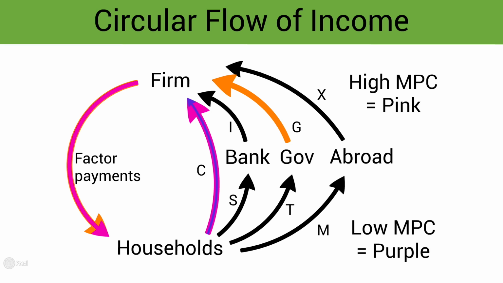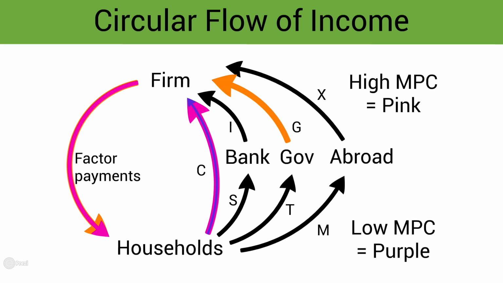This is because consumers are consuming a lower amount of this additional income when there is a low marginal propensity to consume. In the low marginal propensity to consume case, firms who are producing the additional goods that are being demanded by households are producing a lower amount than when we had a high marginal propensity to consume case.